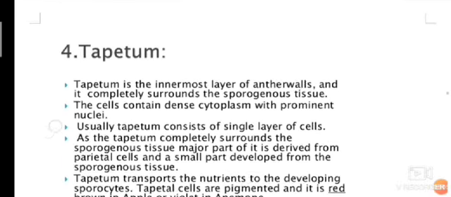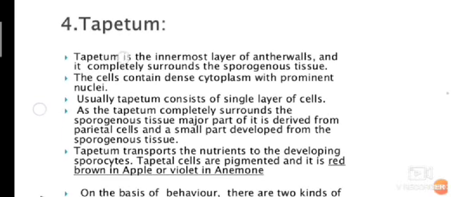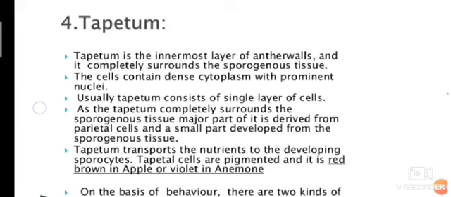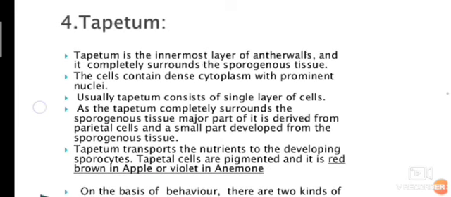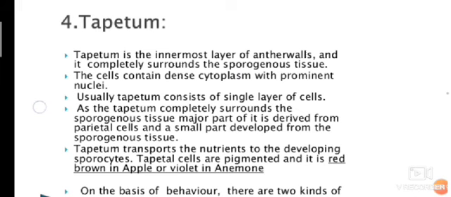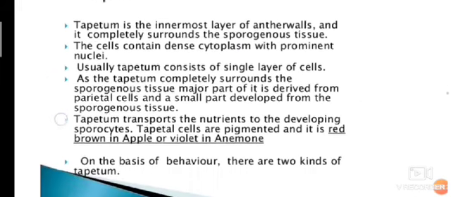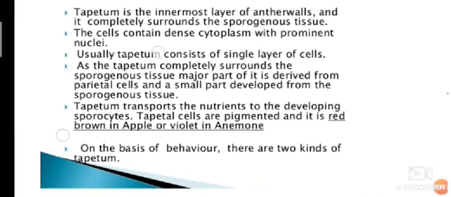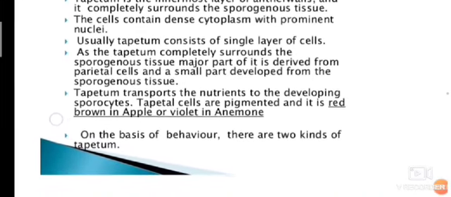Tapetum. Tapetum is the innermost layer of the anther wall and completely surrounds the sporogenous tissues. The cells contain dense cytoplasm with prominent nuclei. Usually, tapetum consists of a single layer of cells.